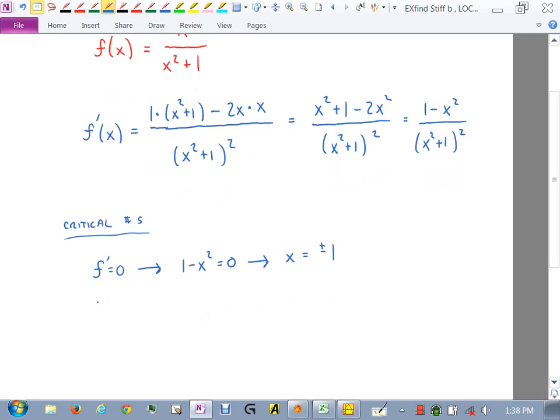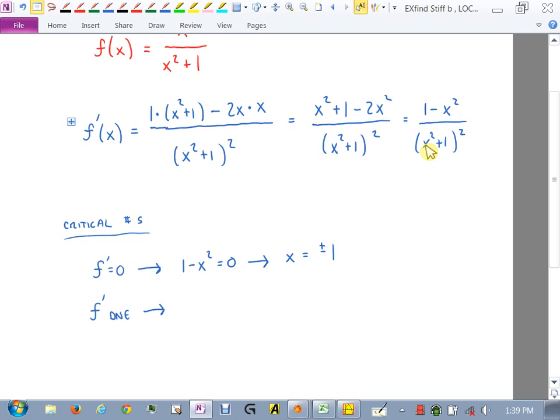What about the derivative not existing? Is it possible for this not to exist? The only way that's going to happen is if you can get this to be 0. X squared plus 1 can't be 0 unless you have an imaginary number in there, right? 1 plus something squared can never be 0.